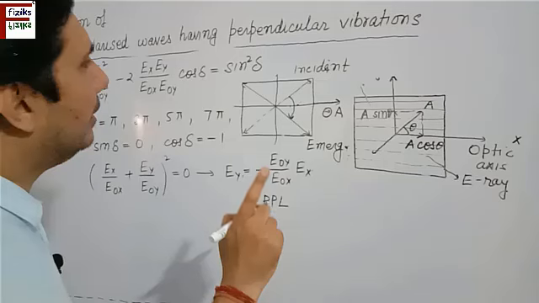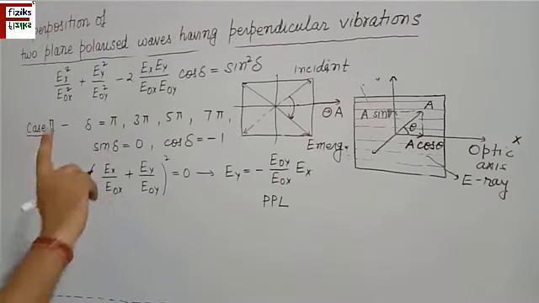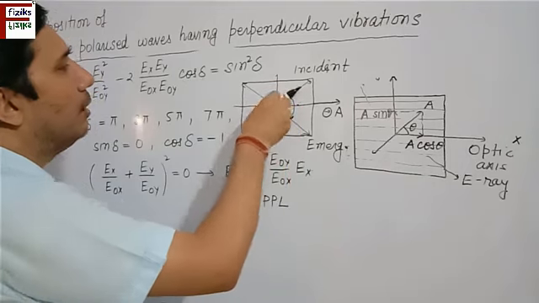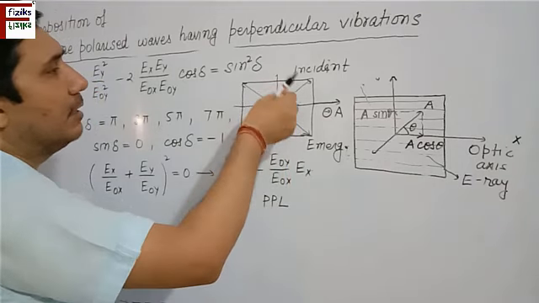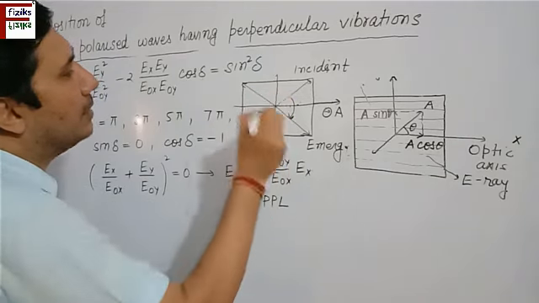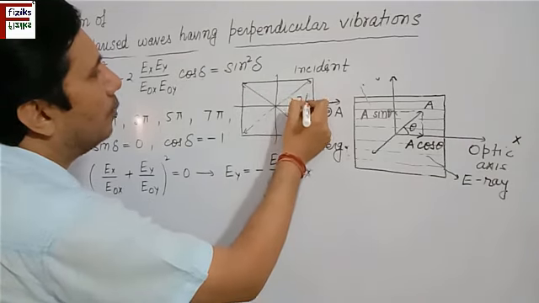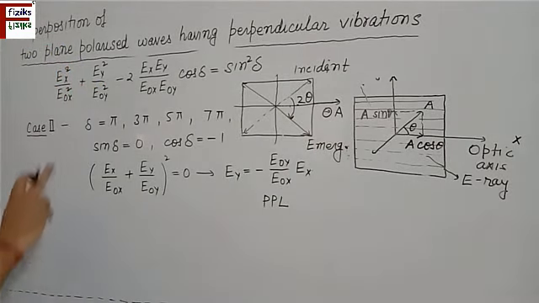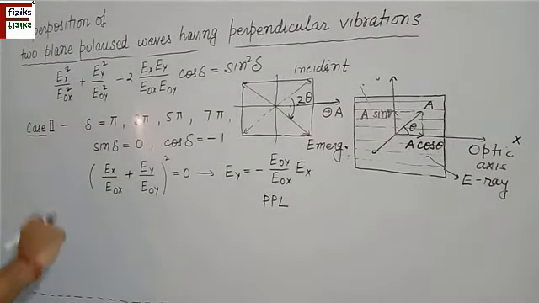This rotation takes place around the optic axis; you cannot take the rotation like this, rather you will always choose the rotation around the optic axis. So this is 2 theta. So the electric vector is rotated by 2 theta if the phase difference between the O ray and E ray introduced is an odd multiple of pi. This is case number 2.